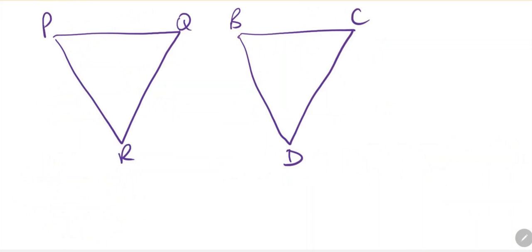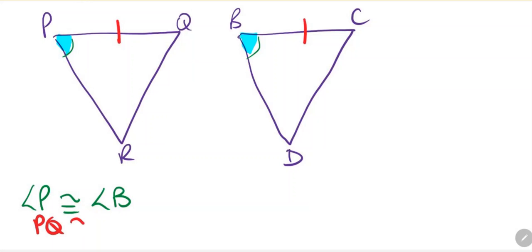Okay, so I have two triangles. This time I'm going to tell you that angle P and angle B are congruent. I'm going to tell you that PQ is congruent with BC.